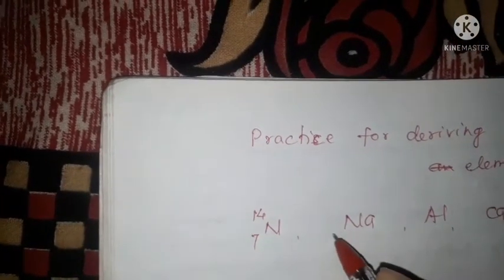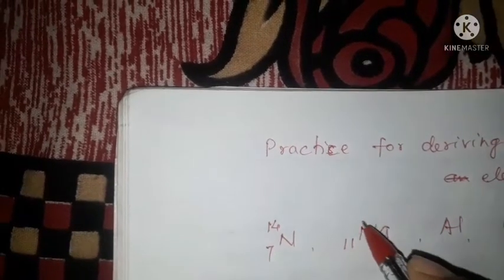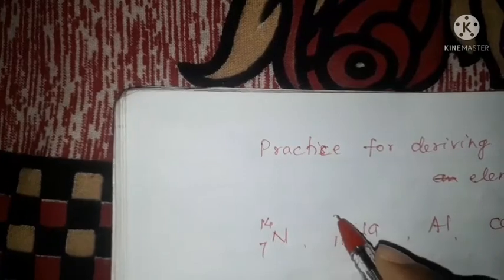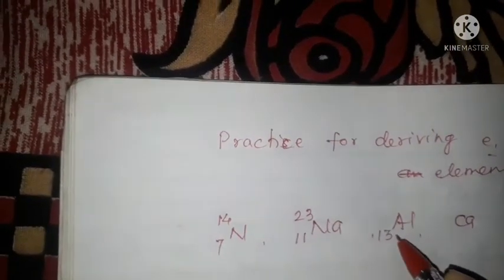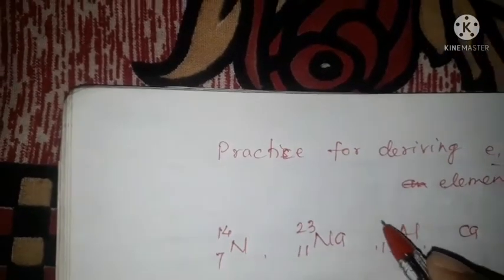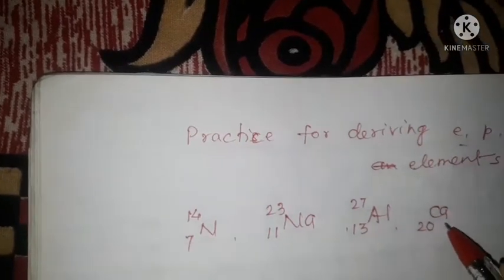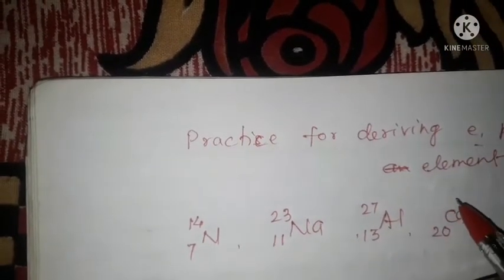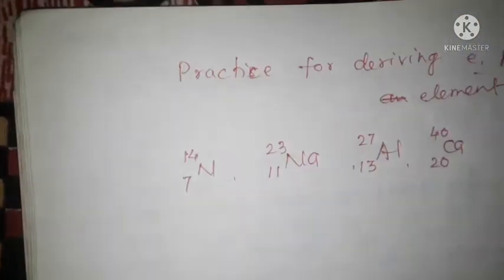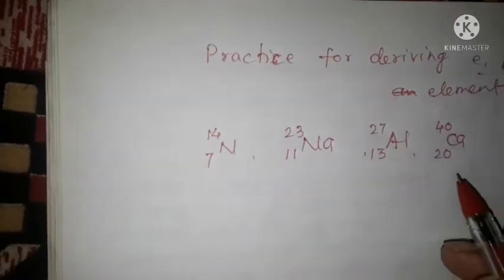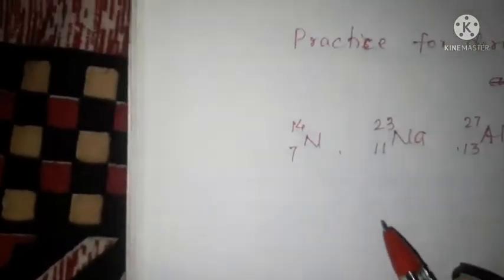Sodium: Z is 11 and A is 23. Aluminium: Z is 13 and A is 27. Calcium: Z is 20 and A is 40. Now we have to derive the number of electrons, protons and neutrons from these given elements.